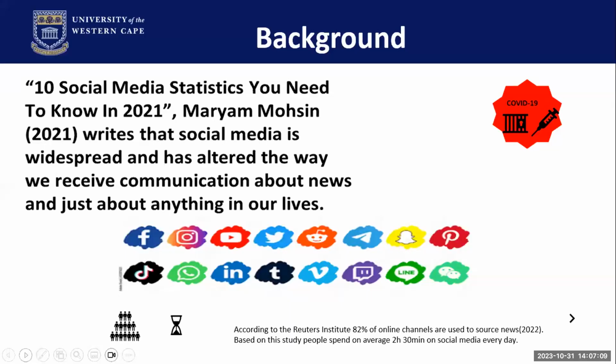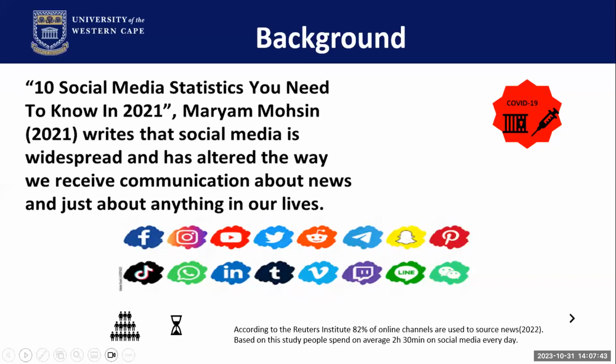In terms of the background, according to Maria Mohsin, social media is widespread and has altered the way we receive communication about news and just about anything in our lives. And we all know, based on the advent of COVID-19, many types of information and dissemination of information happened online and on digital platforms. This was mainly as a result of the lockdown physical restrictions which COVID-19 had.